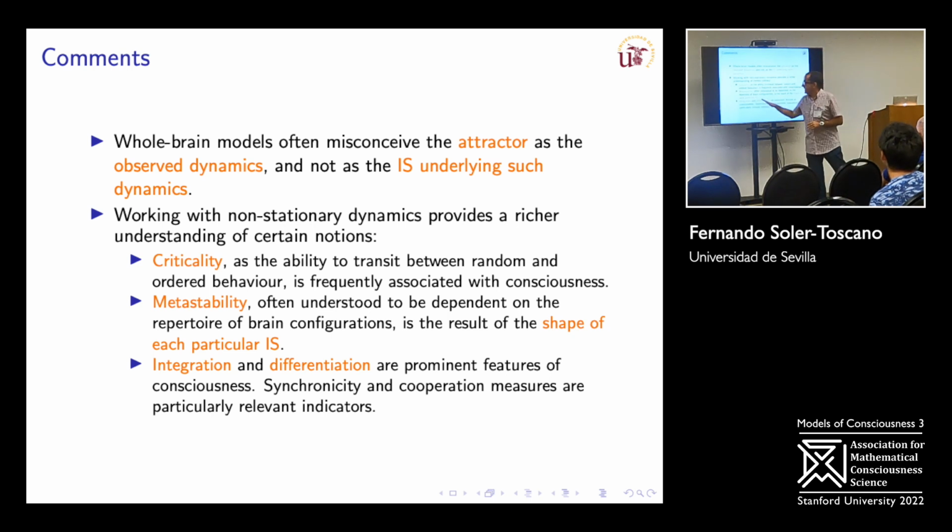And integration and differentiation, which are very, very important properties commonly related to consciousness, can be related also with measures like synchronicity, cooperation, and other things that we can look at in the structure of the attractor, at the informational structure.